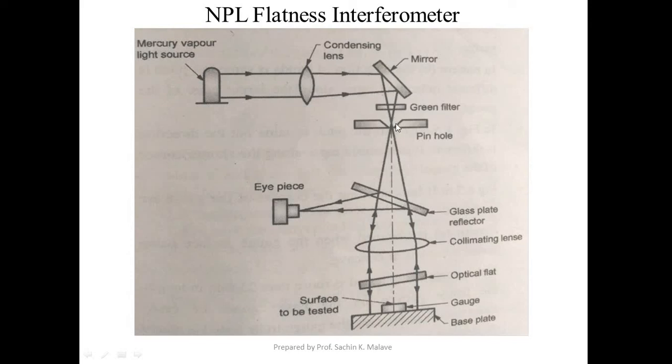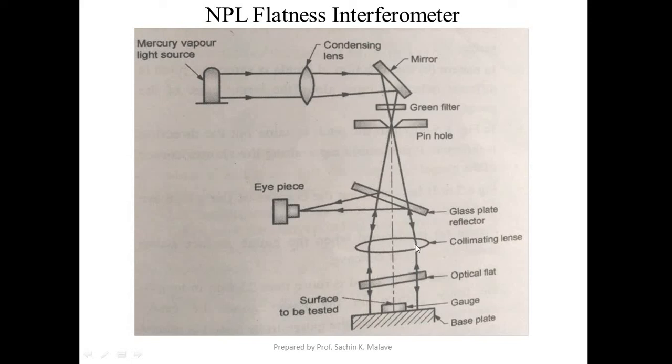It is passed through this pinhole. The pinhole gives an intense point source. So the objective of this pinhole is to get an intense source of monochromatic light. This monochromatic light will pass through the collimating lens, which will convert the rays of light into parallel beams.